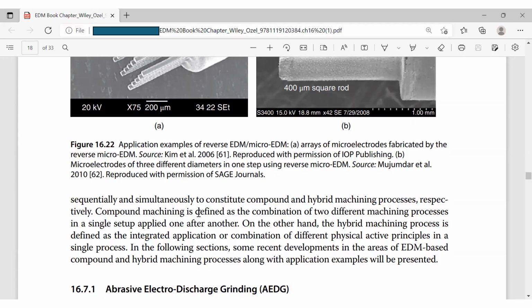The compound machining is defined as a combination of two different machining processes in a single setup applied one after another. On the other hand, the hybrid machining process is defined as the integrated application or combination of different physical active principles in a single process.